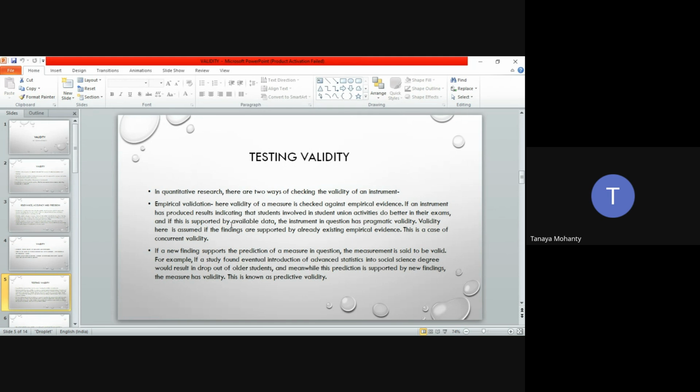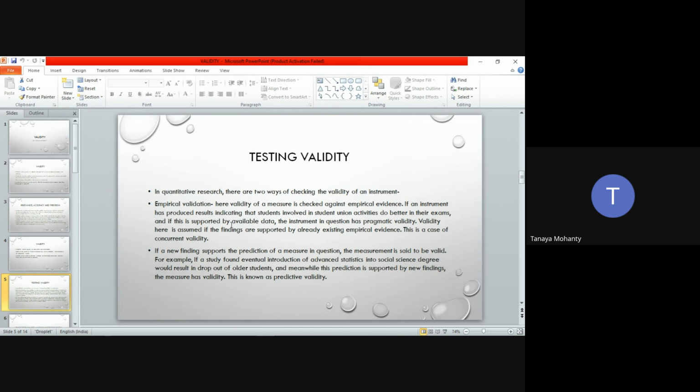If an instrument has produced results indicating that students involved in student union activities do better in their exams, and if this is supported by available data, the instrument in question has pragmatic validity. Got my point?